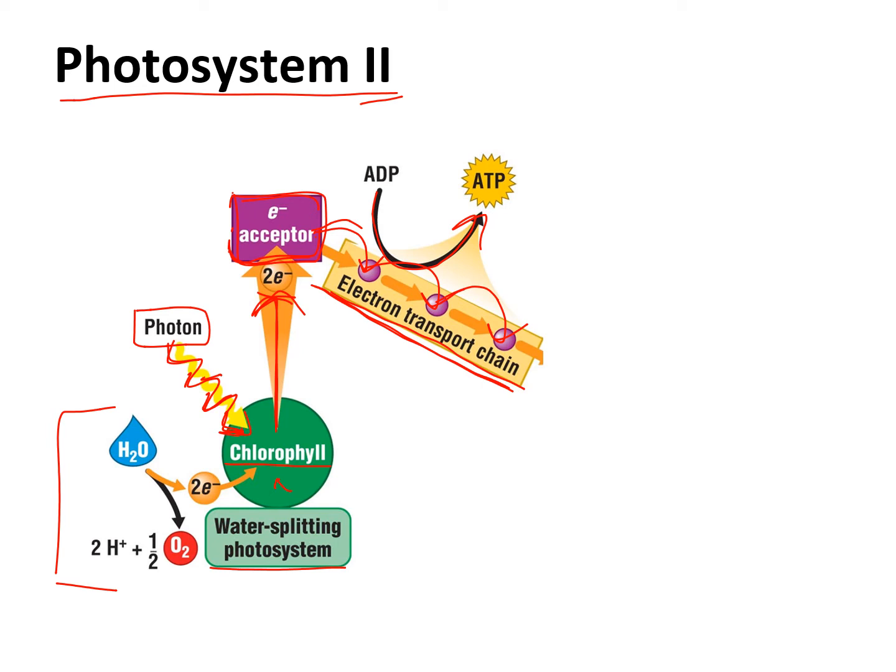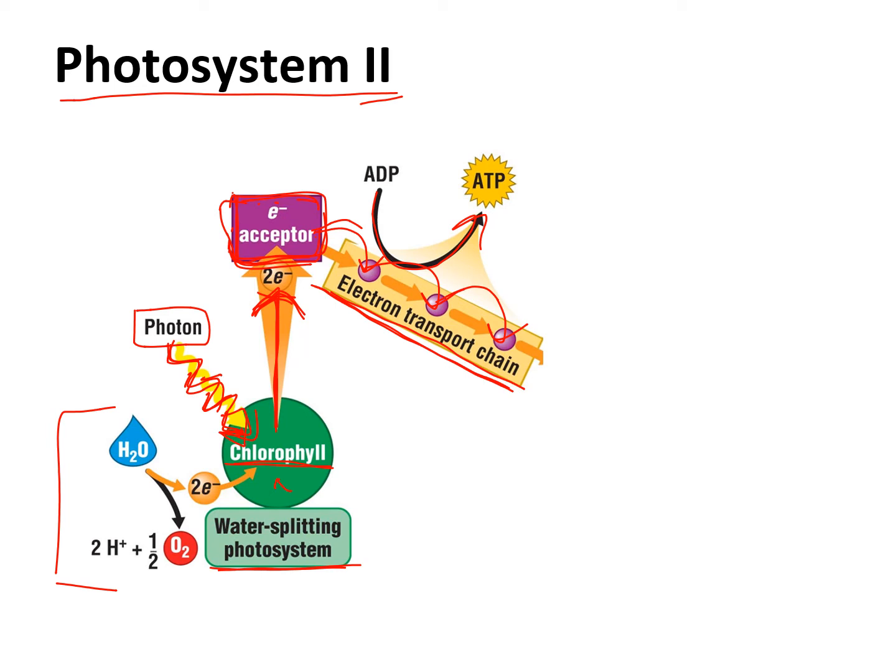So for the water splitting photosystem, the photon is going to transfer energy to an electron on the pigments. That electron gets filtered down to the reaction center chlorophyll, which is a reaction center chlorophyll A. That electron will have so much energy, it's going to leave that reaction center chlorophyll and be transferred to an electron acceptor, which is a molecule.